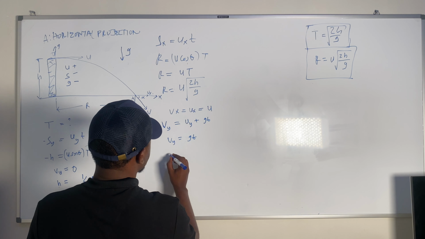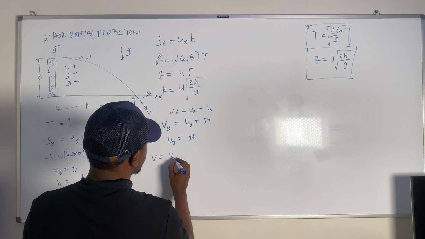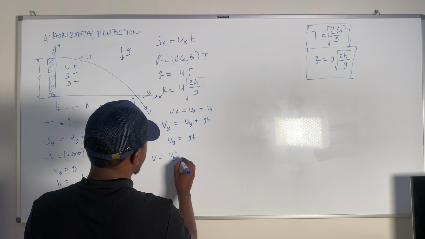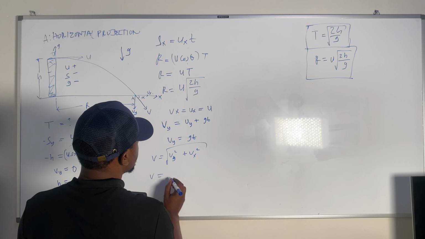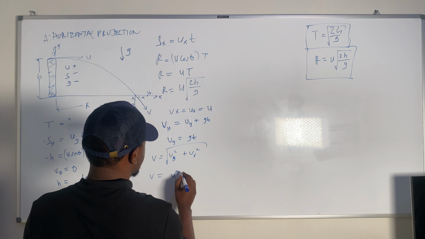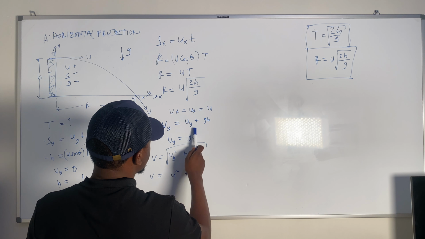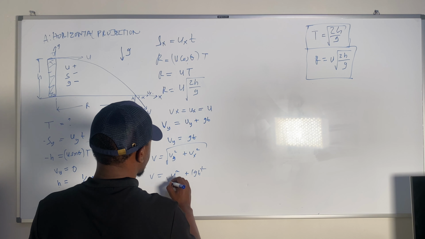So v is equal to the square root of vx squared plus vy squared. So the velocity will be the square root of v in x squared, which is u squared, plus v in y direction, which is g t, this whole thing squared.